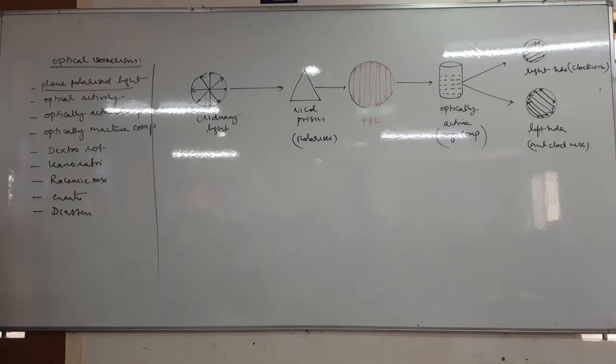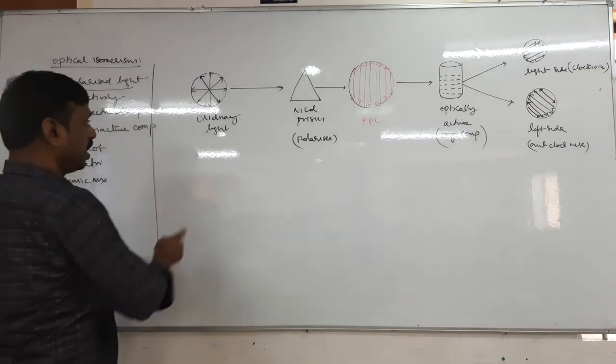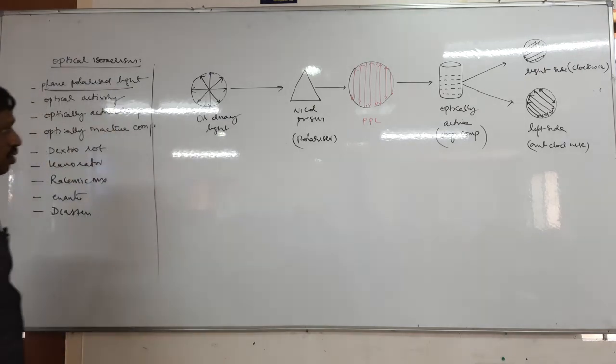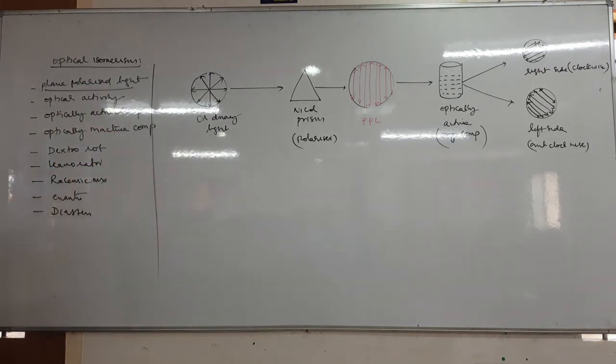Ordinary light oscillates in all possible directions perpendicular to the direction of propagation.